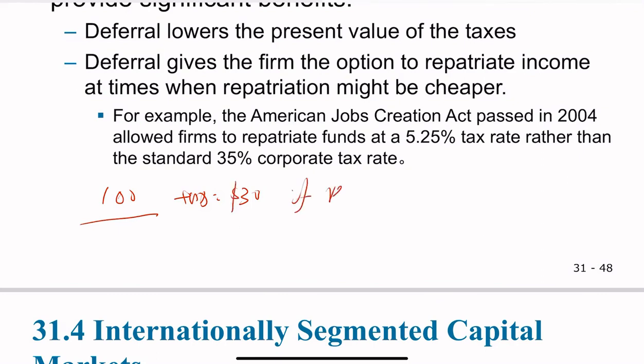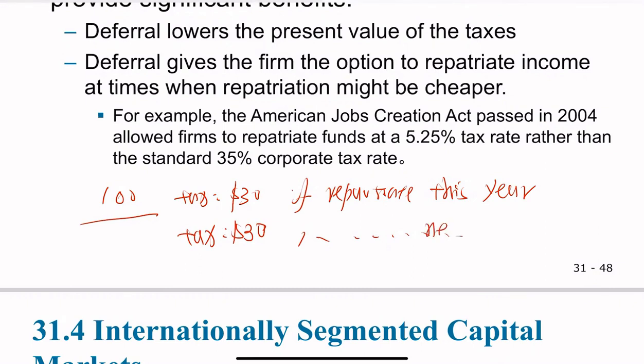If you repatriate this year. Let's say you defer this for 1 year. Now, after 1 year, you will repatriate the same $100 million back to Canada. Still, let's say your tax is $30 million, right? So if you repatriate in the next year.